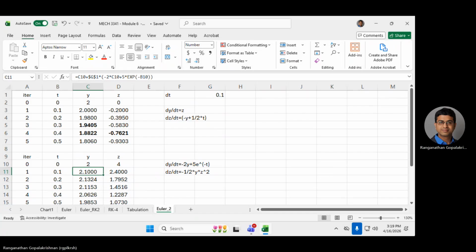Yes. Can we move on to the next problem, next example? We still haven't learned RK4. I'm saving that for Tuesday. And next Thursday, I will go over the mock exam and discuss the solution.